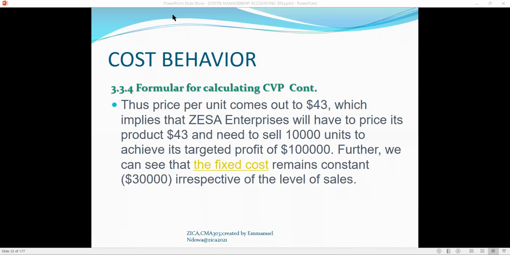I think I'm getting the concept. We are saying we have ZESA Enterprises producing a profit of 200,000. So this is how I did it.